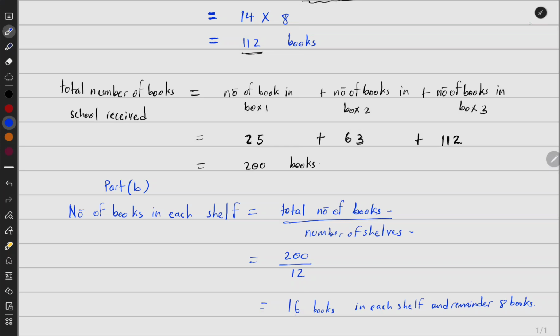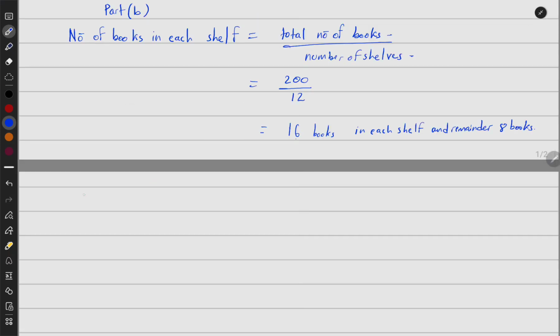So then you proceed to part C. For the remainder, when you press your calculator, it gives you a value of 16.66 something. So the remainder of the books with no shelves is, you get 200 minus 12 times 16.